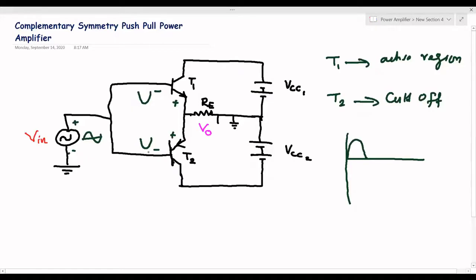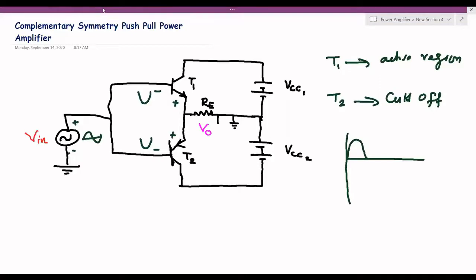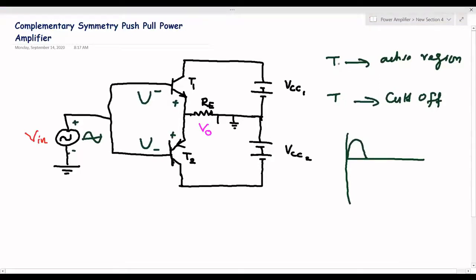At the same time, the base emitter of T2 becomes forward biased, because T2 is a PNP transistor and a negative voltage at its base will make its base emitter forward biased. Therefore, transistor T2 will go to the active region and transistor T1 will move to the cutoff region.